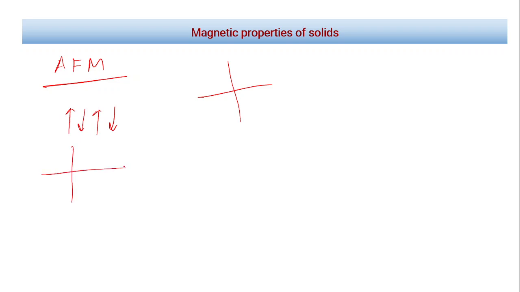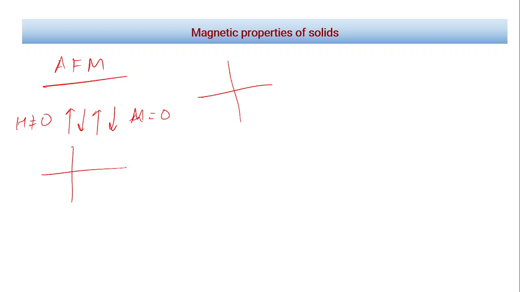In the absence of field the magnetization is 0 here, unlike ferromagnetic material, because they are all cancelling each other out. The net magnetic moment here is 0. So there is some specific behavior of the hysteresis loop.